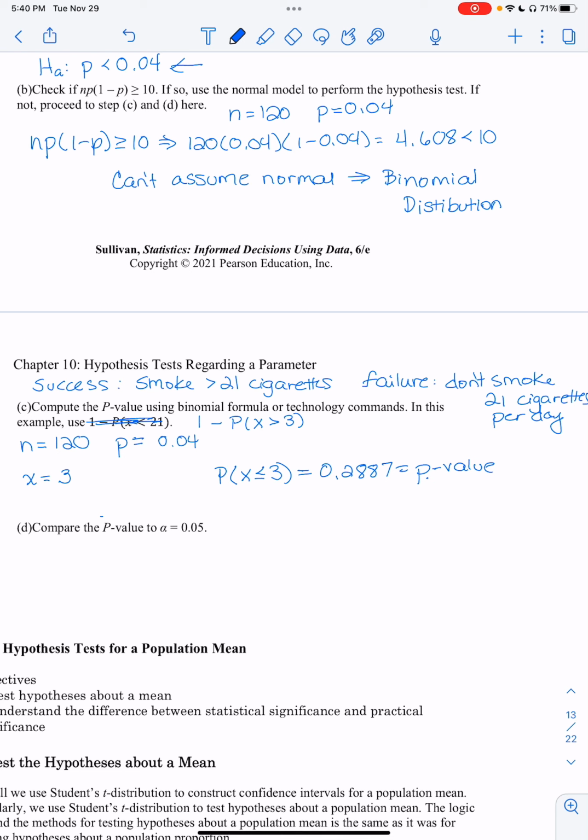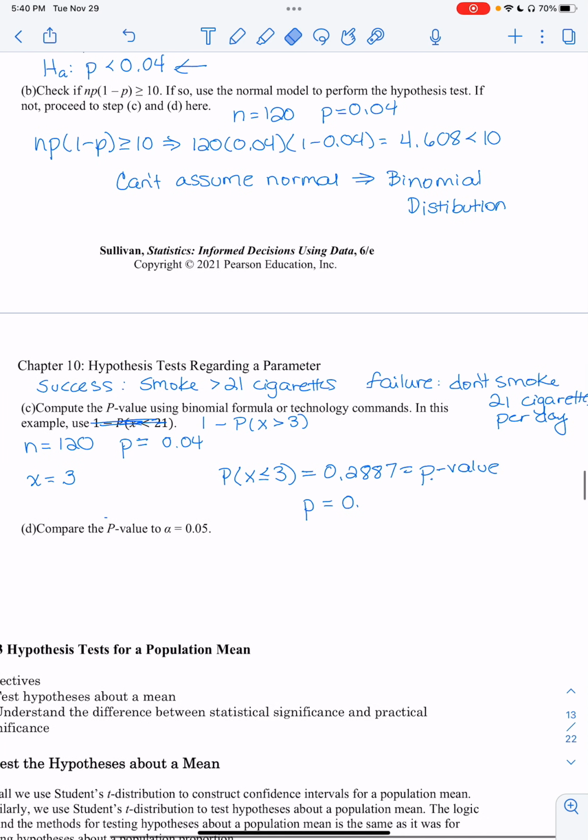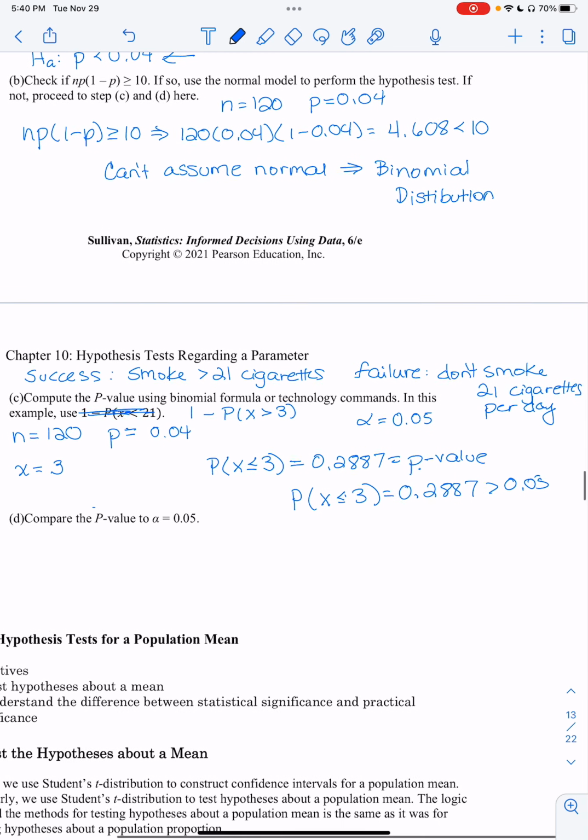Okay, and so we'll note that this probability is my p-value. I'm going to use p-value there just so you're not confused. The probability that x is less than or equal to 3 is 0.2887, which is greater than 0.05, which was my alpha value, right?